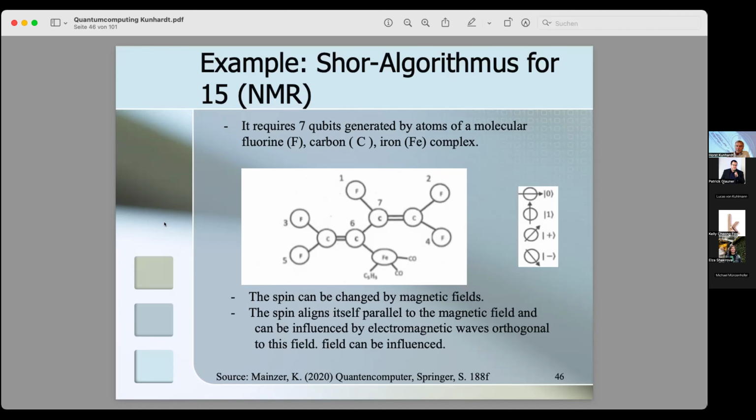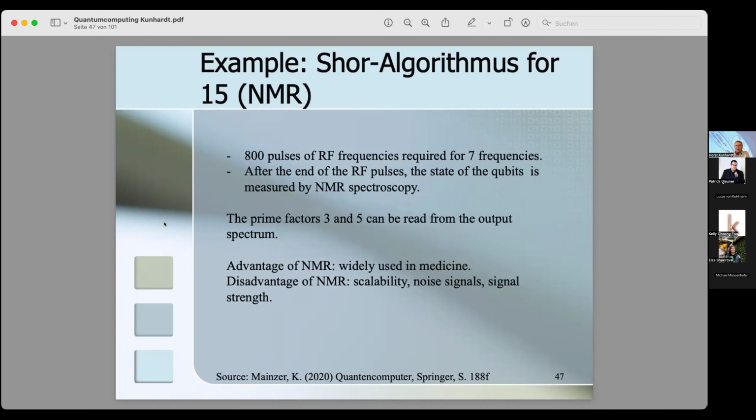The spin aligns itself parallel to the magnetic field and can be influenced by electromagnetic waves orthogonal to this field, and the result will be the factorization of 15 into its prime factors. So the result is inside these molecules consisting of 7-qubit systems. And for the measurement, we needed 800 pulses of radio frequency.